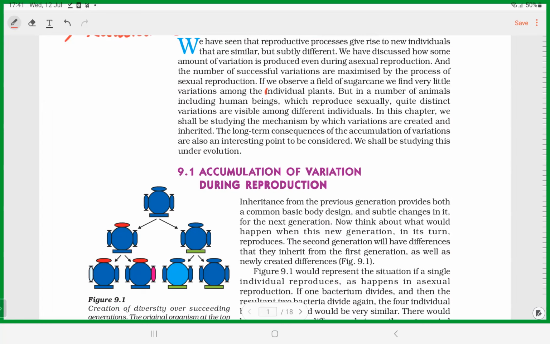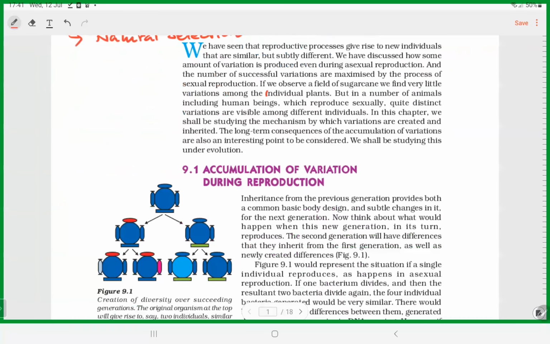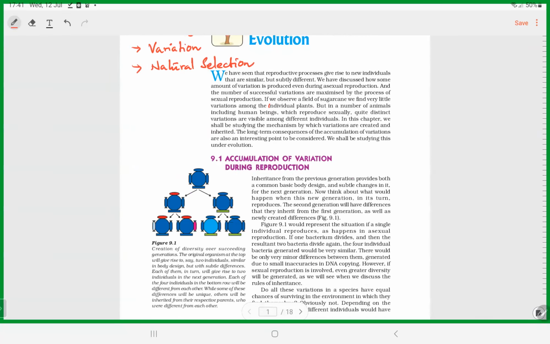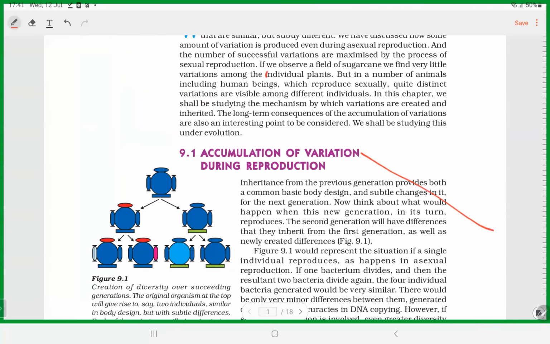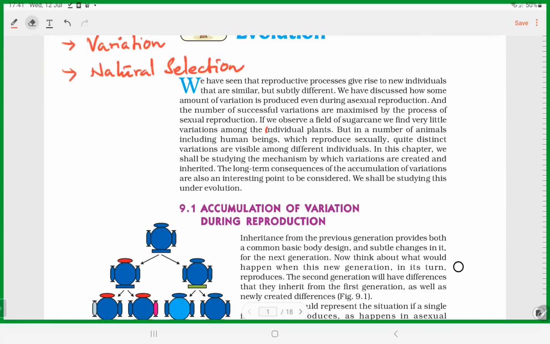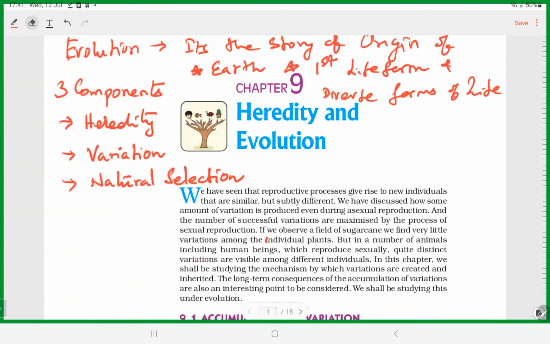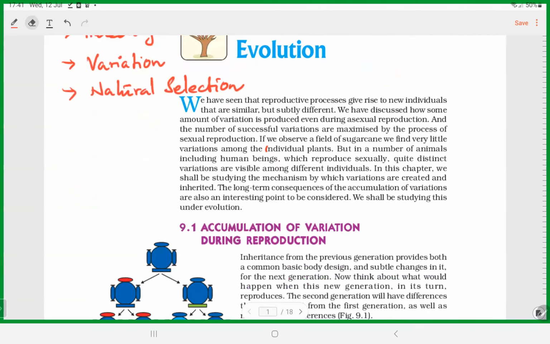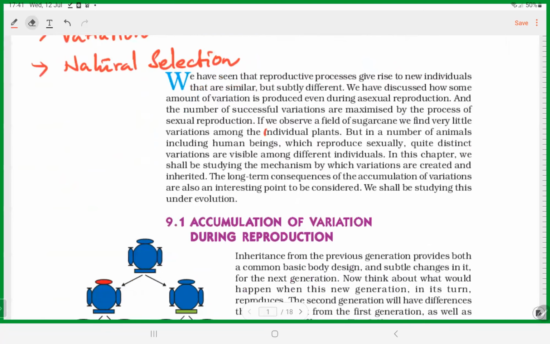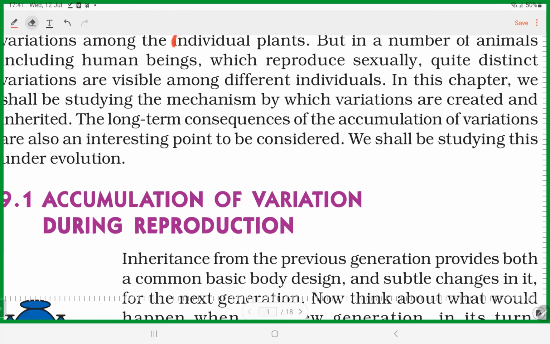So what process ensures all these components? Reproduction. What is the last chapter we studied? Yes, how do organisms reproduce?